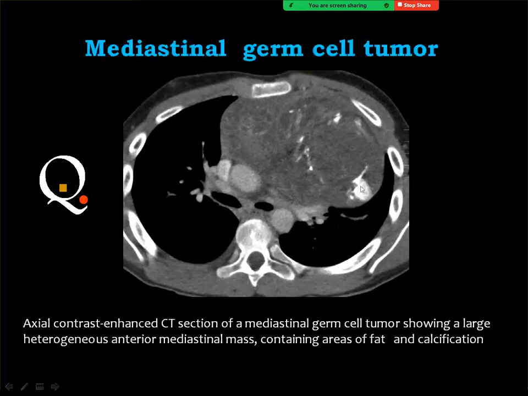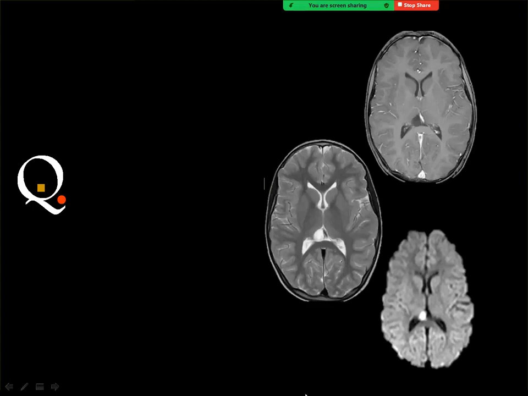It shows all the criteria of germ cell tumor, big mass of soft tissue density, internal patchy areas of calcification, as well as internal areas of fat hypodensity. And this is MRI of the brain at axial T2, axial T1 post contrast, and axial diffusion weighted images.